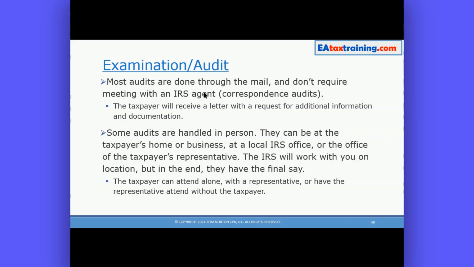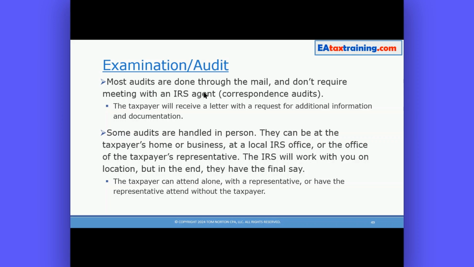Some audits, though, of course, are handled in person, and they can be at the taxpayer's home or business, at a local IRS office, or at the office of the taxpayer's representative. So they might be at your office as the enrolled agent. So again, they're not just coming and knocking on your door and saying, hey, we're here to audit you.